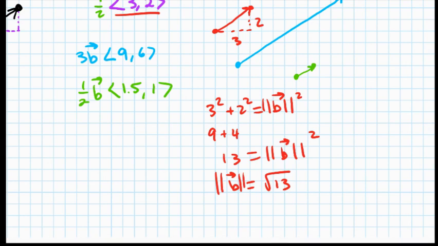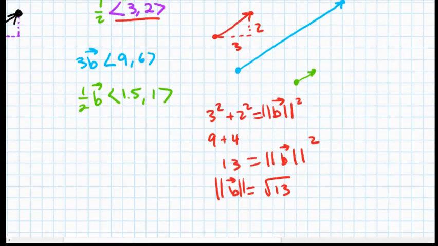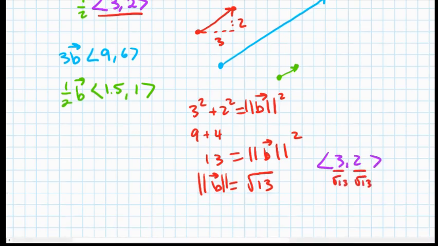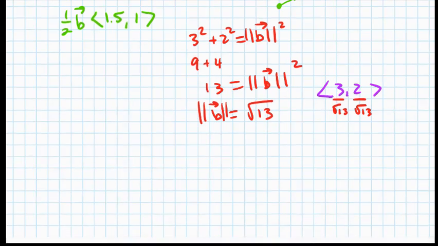Then I'm going to take my original components again, which is 3, 2, and I'm going to divide those by the square root of 13. Because we don't normally like to have square roots in the denominator, I'm going to multiply the top and the bottom by the square root of 13 for each of those components.